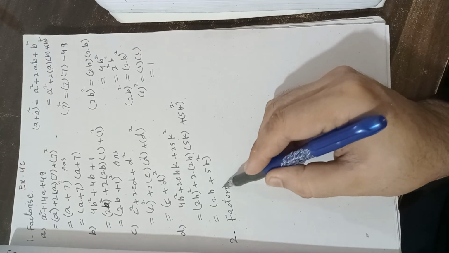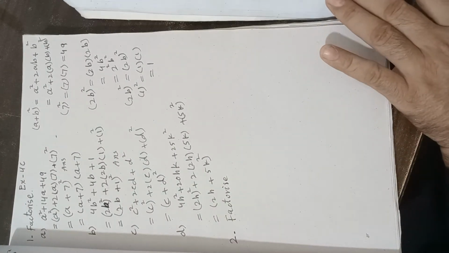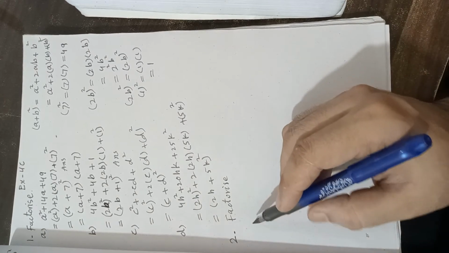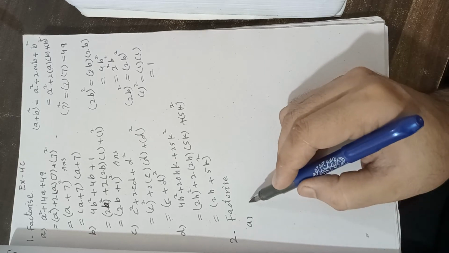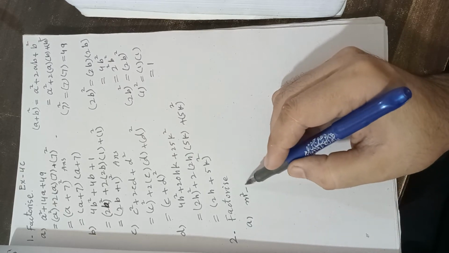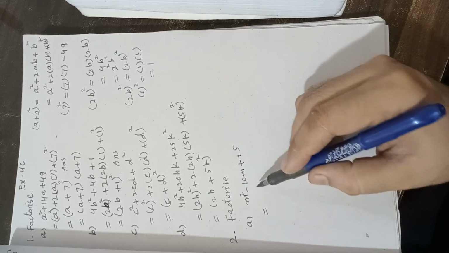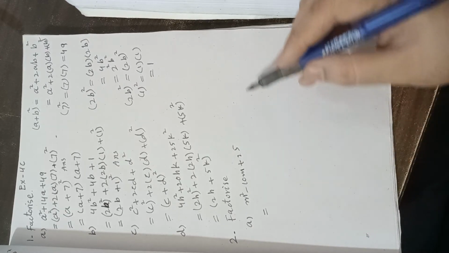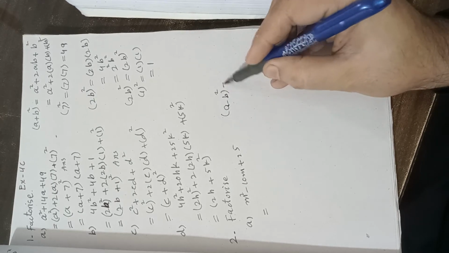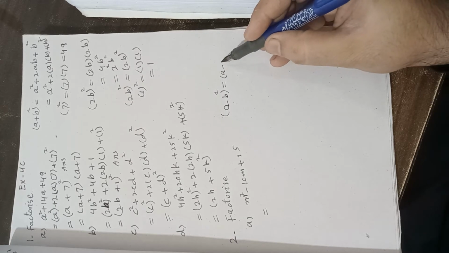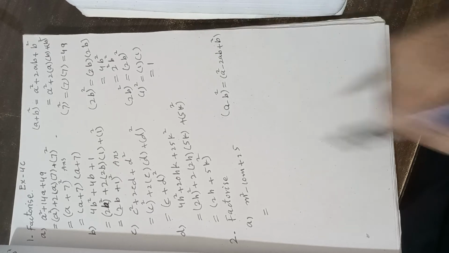Factorize, but here the questions are of different types, so that we can apply different identities. Part A is m square minus 10m plus 25, and you know that the minus sign shows that it needs another identity, that is (a minus b) whole square is equal to a square minus 2ab plus b square.